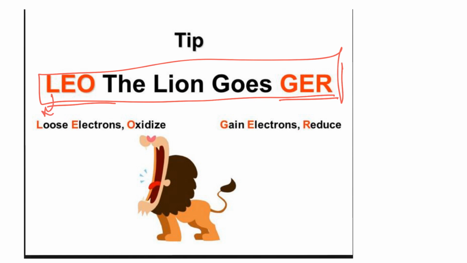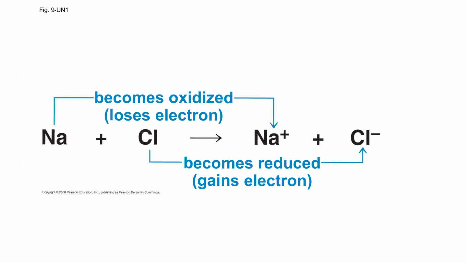Leo stands for loss of electrons is oxidation. And if you remember that, you don't even have to remember grr, but it stands for gain of electrons is reduction. So remember, Leo the lion goes grr. Loss of electrons is oxidation. So here's a very simple little chemical reaction that shows us a redox reaction.